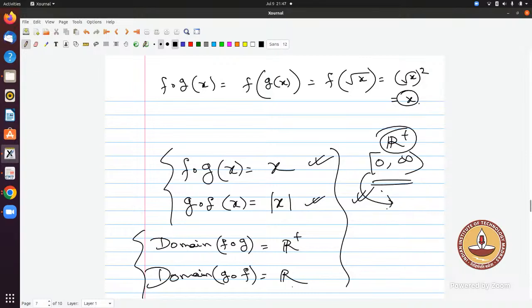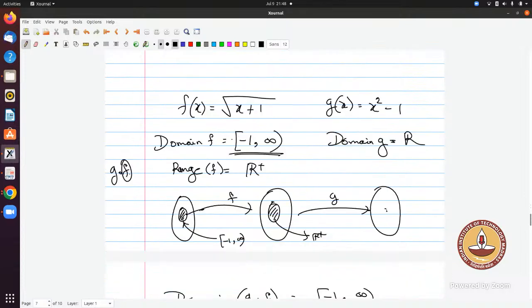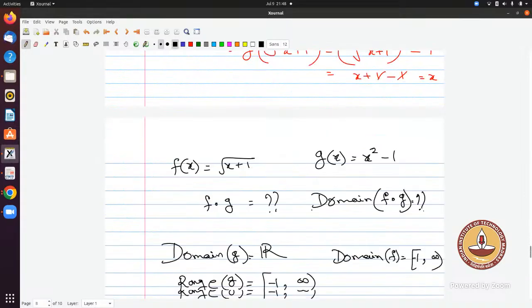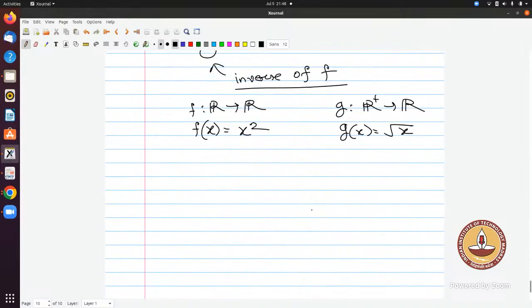So if we are restricting the domain to 0 to infinity for both the functions, then both of these are basically x, the identity function, and they are equal. Correct? If we are restricting both of them to R plus, then only these two functions will be equal. In that case, root x will be the inverse of x square.